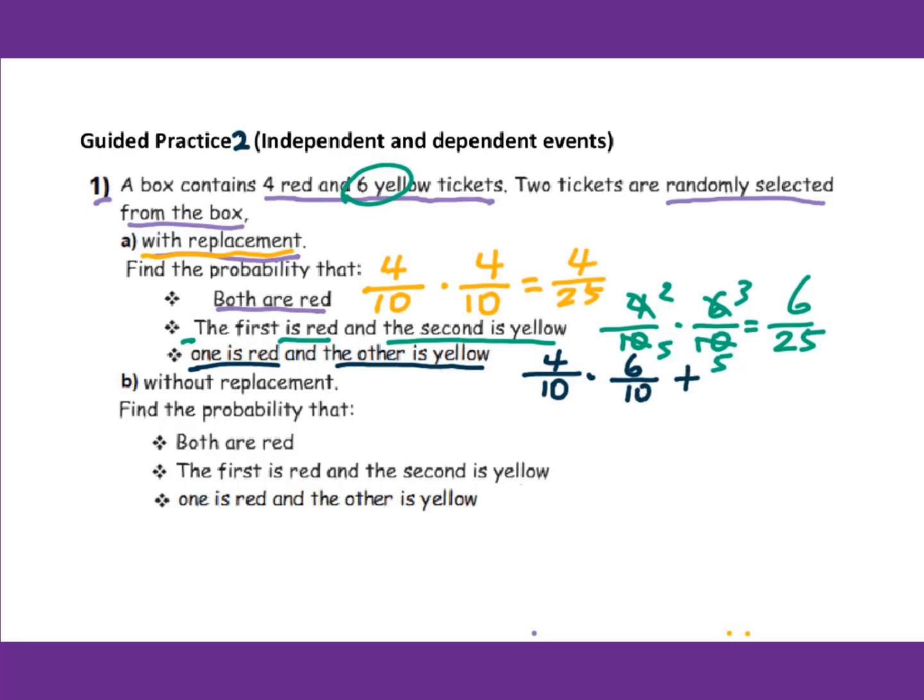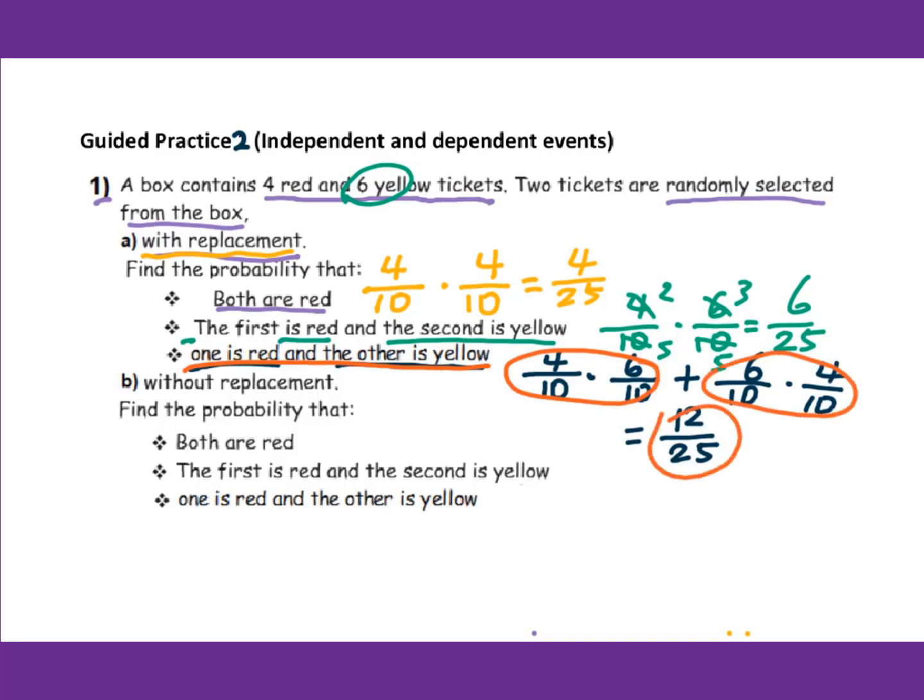Then you need to add: what if the first is yellow, then the second is red? So we get 12/25. When you're working on probability problems, you have to consider the possible outcomes. Like this one, you have to consider 2 situations, then you add together to get the probability.